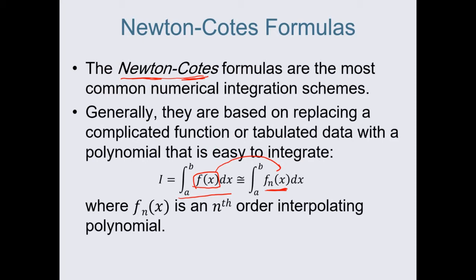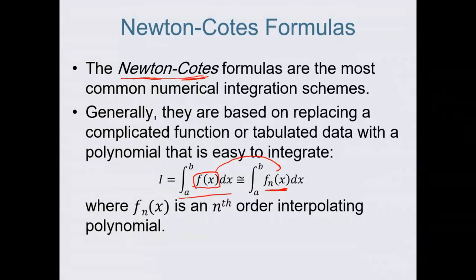So like we have taken the interpolating polynomials in chapter 17, you could estimate the function using an nth order interpolating polynomial, and then of course we know the integration of polynomial is very simple.